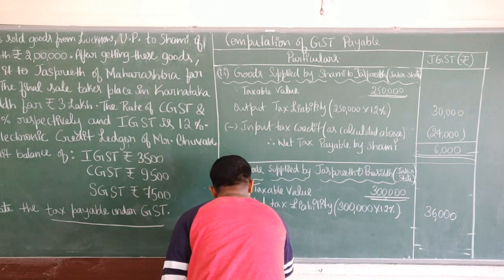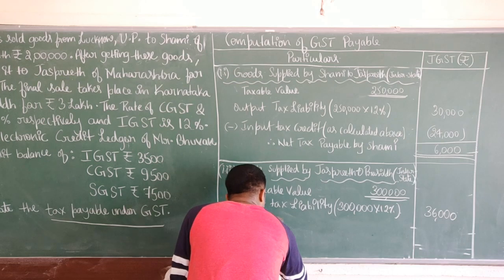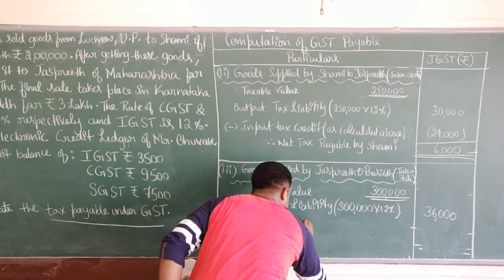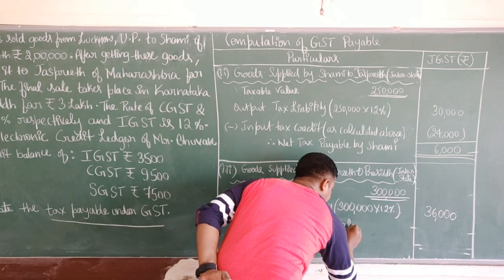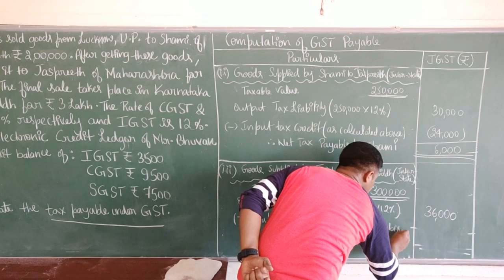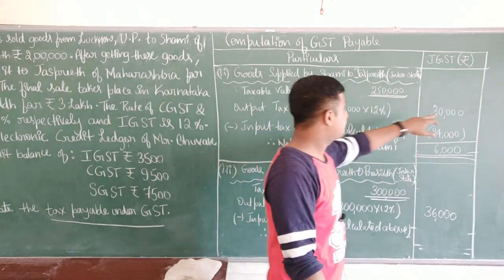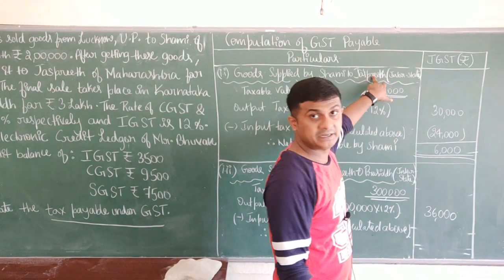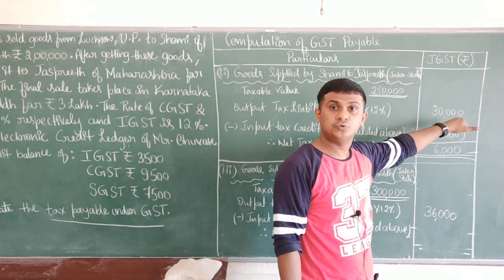So less input tax credit as calculated above. How much? So he had paid the output tax liability, which is paid by Jaspreet to Shami, and then Shami pays to the government. Actually paid by whom? Jaspreet.